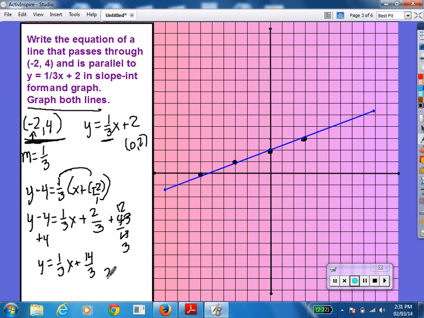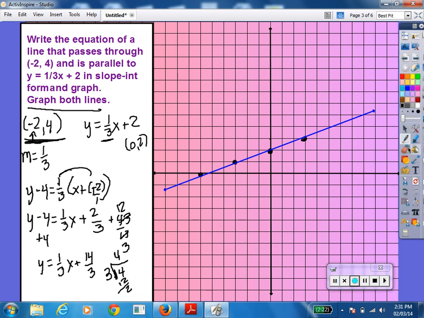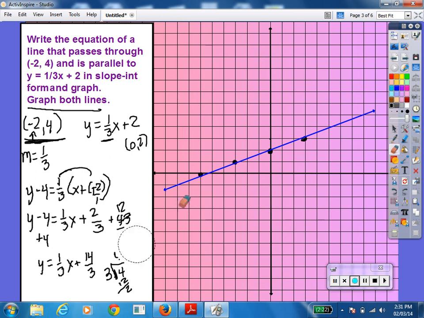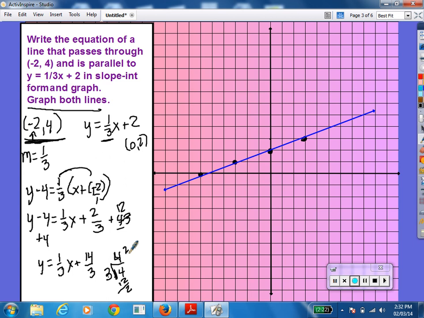So probably better be changing it to a mixed number. So 3 goes into 14 4 times with 2 left over. So we have 4 and 2/3 would be our intercept. So it's 0 and 4 and 2/3, which is 14/3.